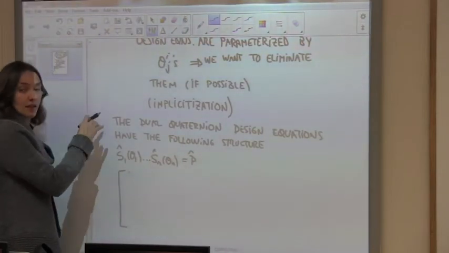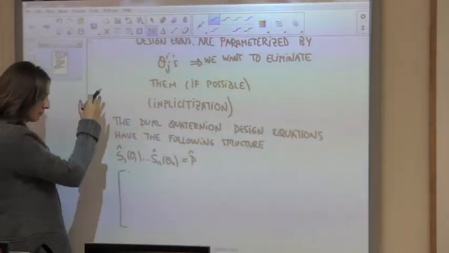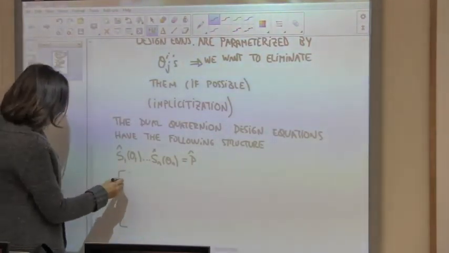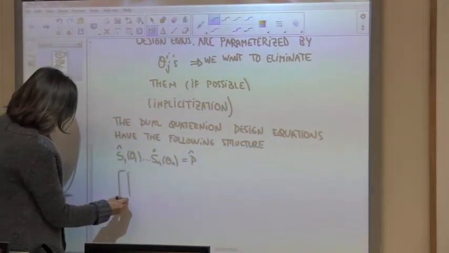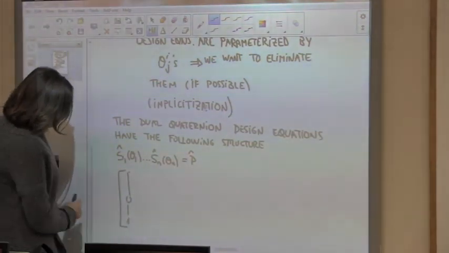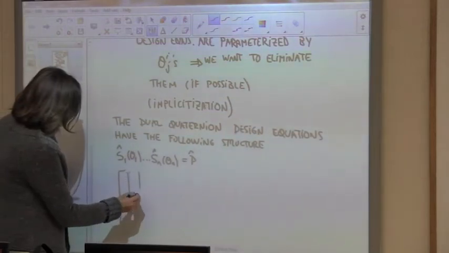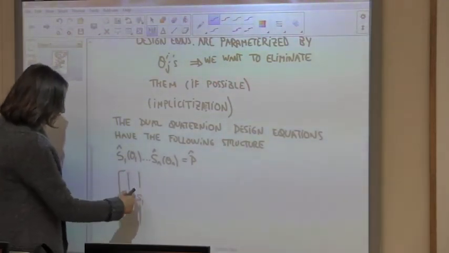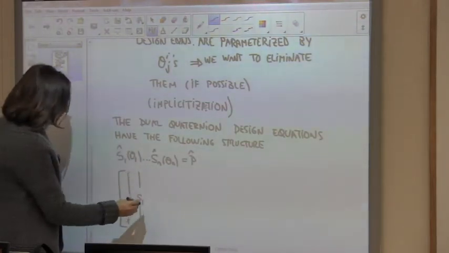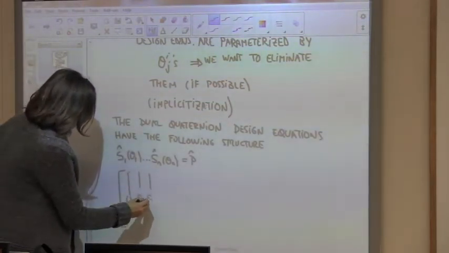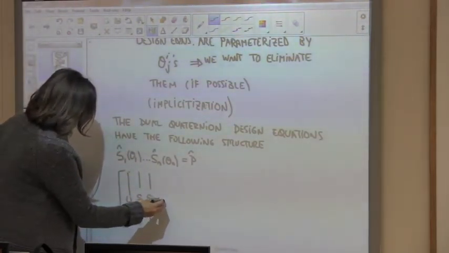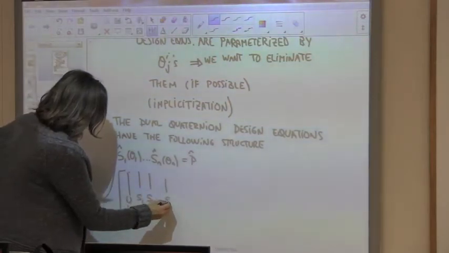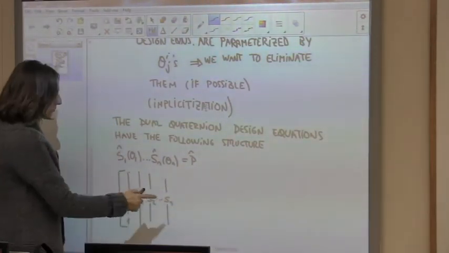I'll take the 8 components of the dual quaternion and put them in a line. So we'll have 0, 0, 0, 0, 0, 0, 0, 1 as the first column, and then S1, that means the real part and the dual part, one after the other, S2, up to Sn. These are all columns.